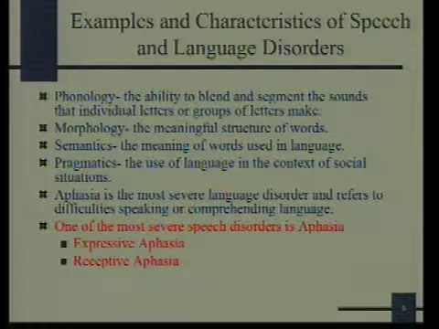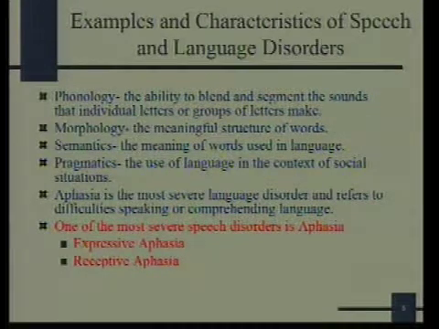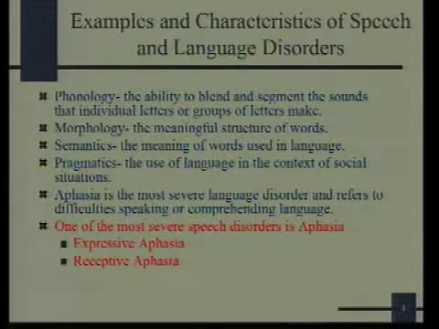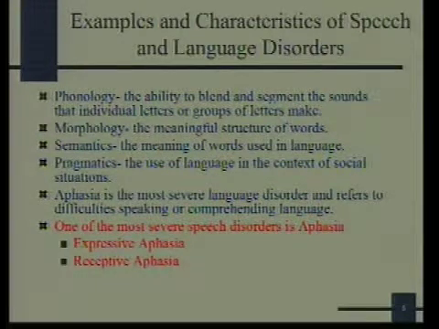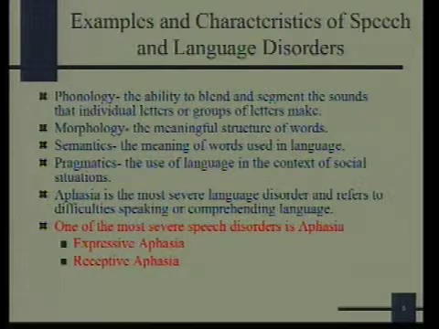With expressive aphasia, a child may know exactly what you're saying and exactly what it means, but not be able to get it out because they are physiologically incapable of making sounds.